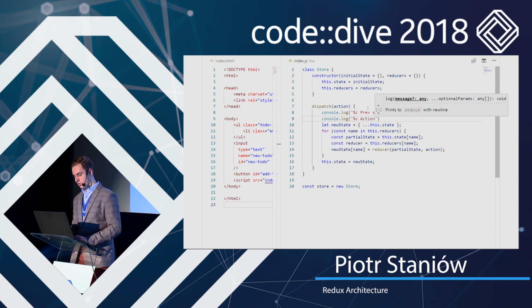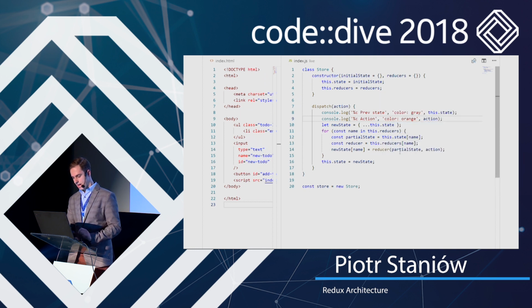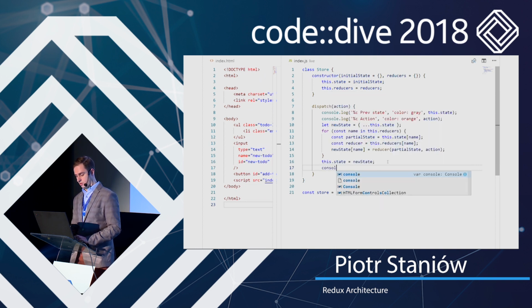We also want to see what is the event that is happening. And we'd like also to see what was the result of using reducers.